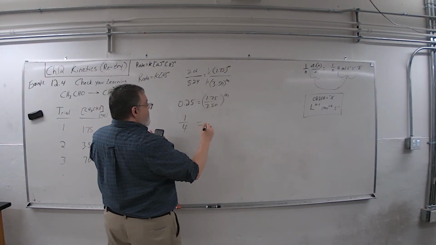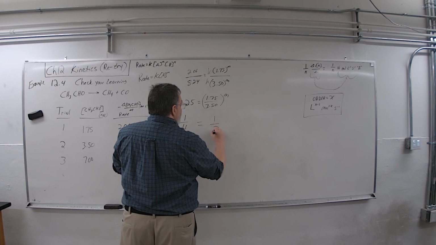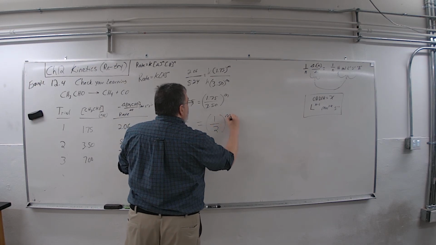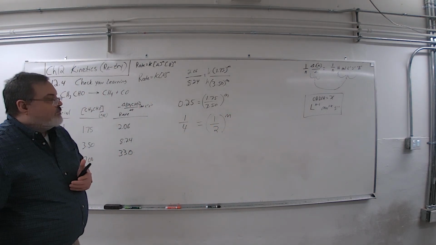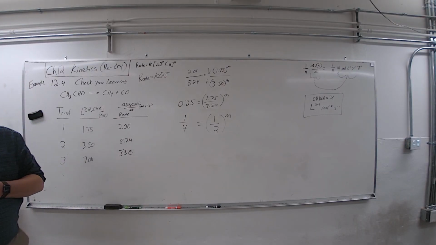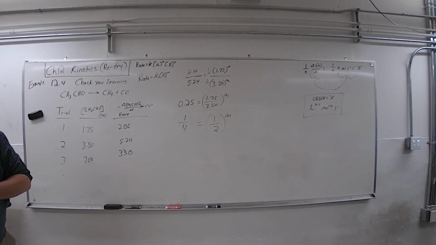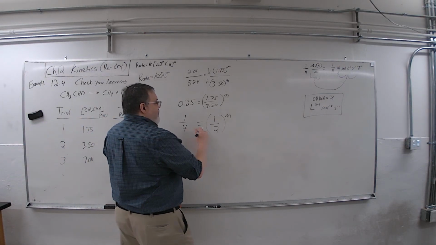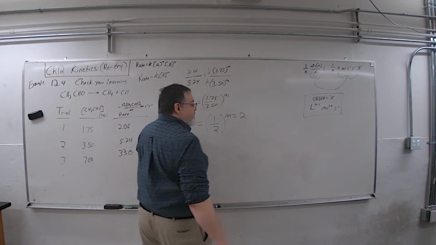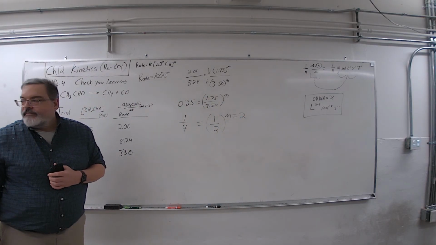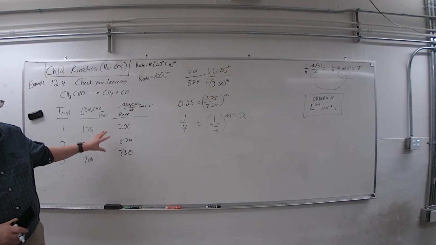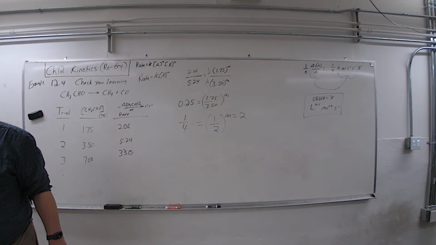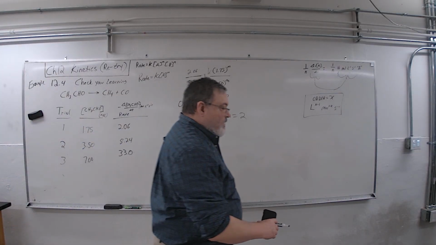I've got 0.5 on my calculator, but I'm going to put 1/2. So what is M? Yep. 1/2 times 1/2 is 1/4, so M equals 2. That's better than what I was trying to get y'all to do with your inspection brains last time.